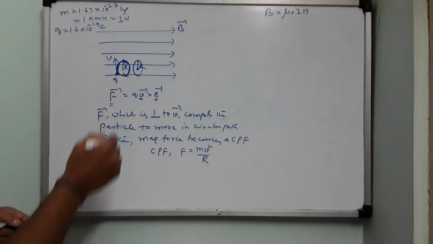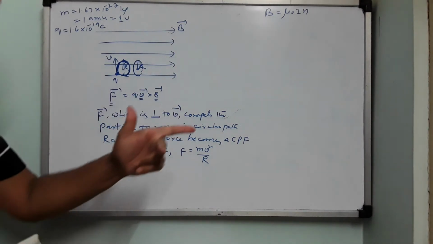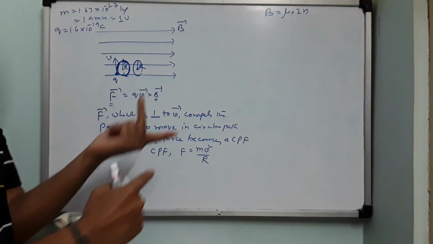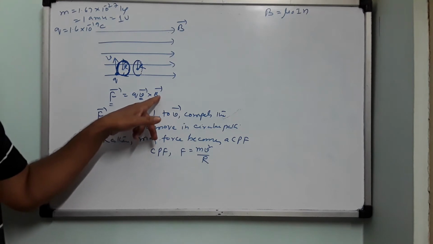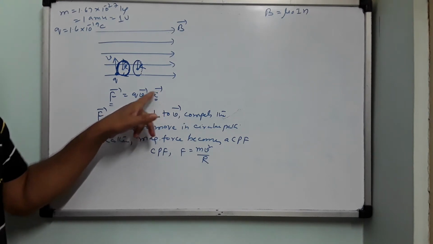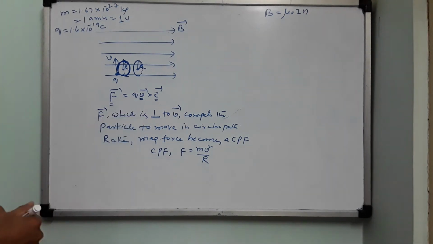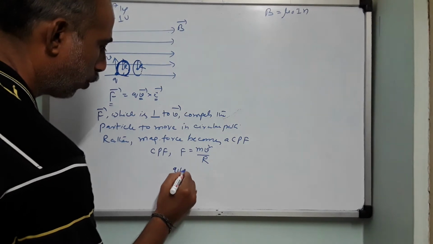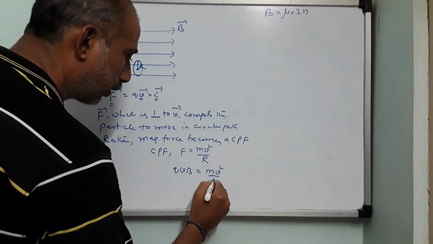Now as per this diagram, what is the angle between field and velocity? Field is like this, velocity is like this. So the angle is how much? 90 degrees. So when it is 90 degrees, this will be QVB sin theta, theta equals 90 degrees, so it will become sin 90, which is 1. So it is QVB. I am writing here: F is nothing but QVB equals mv square by r.